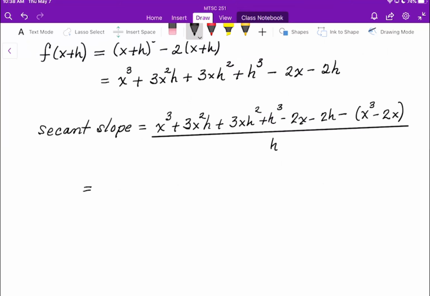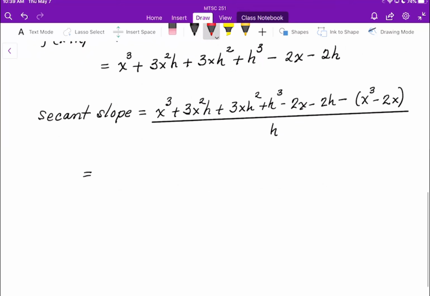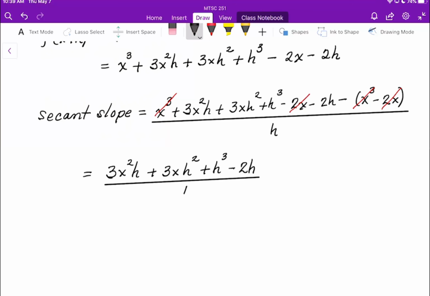So our secant slope becomes, well, let's see. Looks to me like this x cubed and this x cubed are going to add to 0. And this negative 2x, and this negative, which makes positive 2x, will also add to 0. So now we're going to end up with 3x squared h plus 3x h squared plus h cubed minus 2h, the entire thing, all over h.